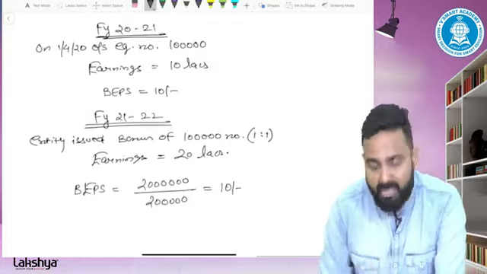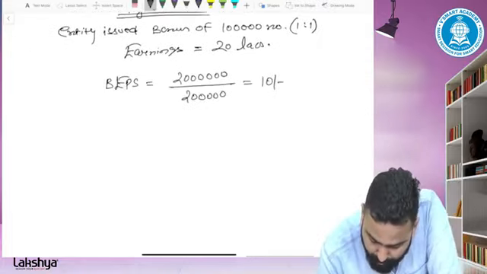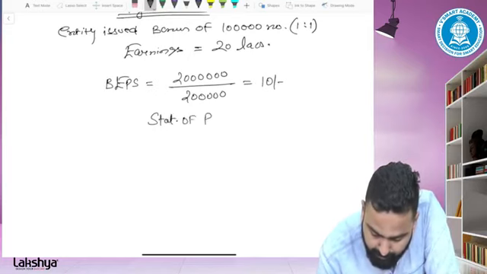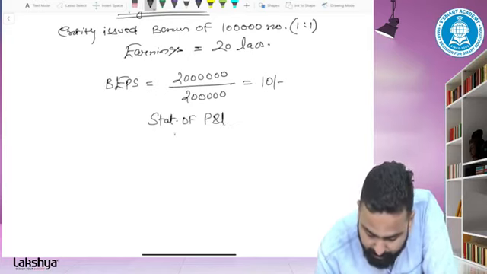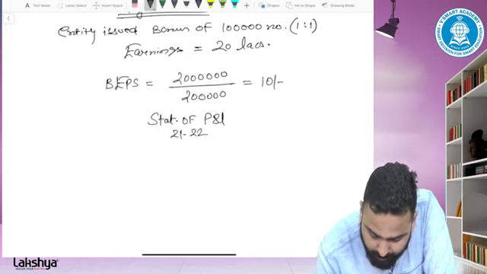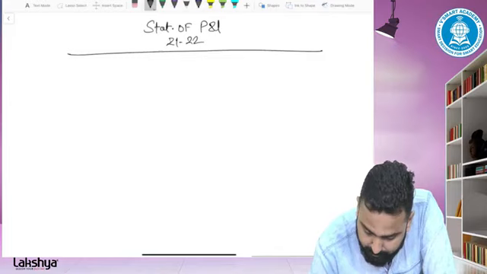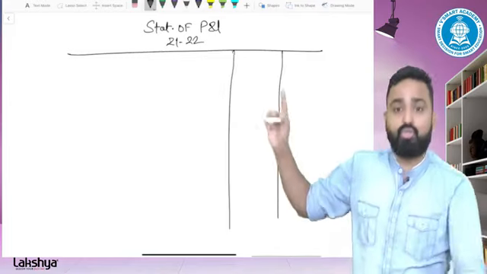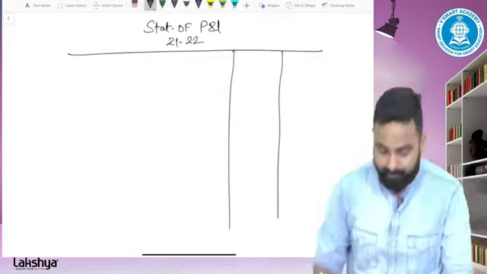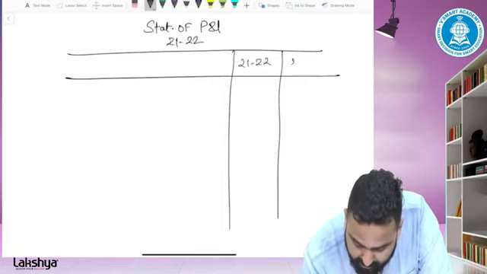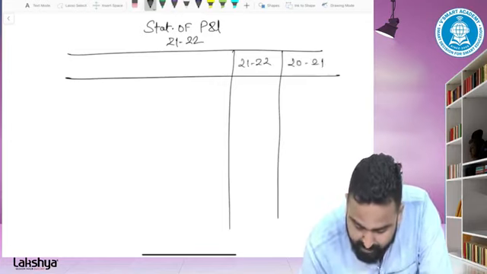But the problem is when you prepare your statement of profit and loss for 21-22, we used to show the figures of last year also. Like 21-22 is the current year and 20-21 is the previous year.